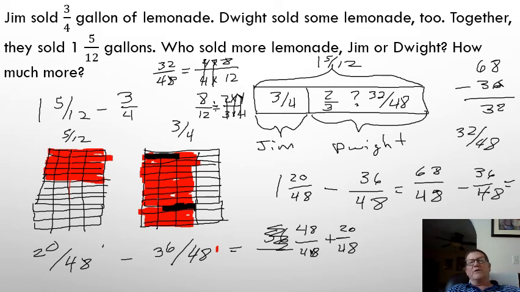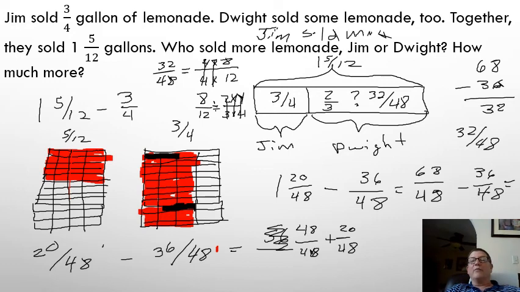Now, which one is larger, 3/4 or 2/3? Well, 3/4 would be equal to 75%. 2/3 would be equal to 66%. So Jim sold more.